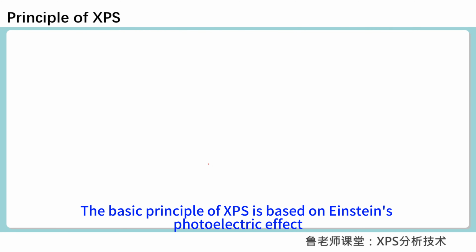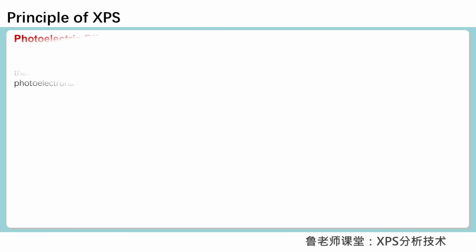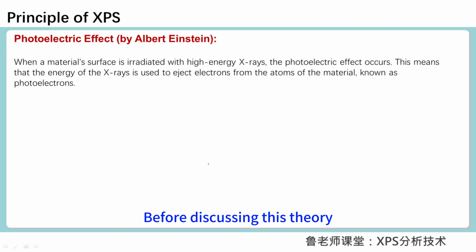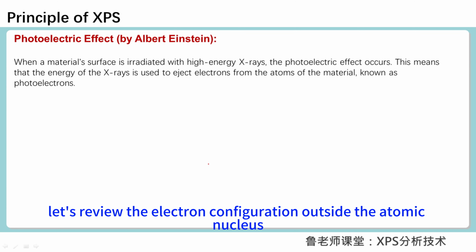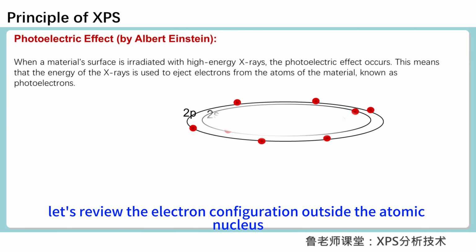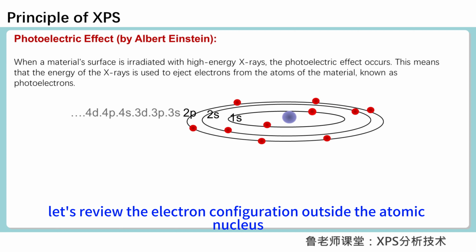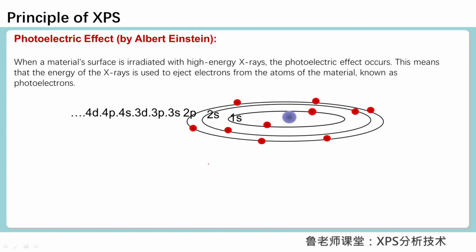The basic principle of XPS is based on Einstein's photoelectric effect. Before discussing this theory, let's review the electron configuration outside the atomic nucleus.